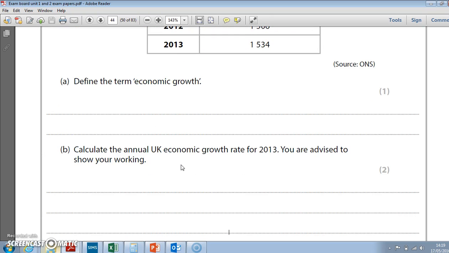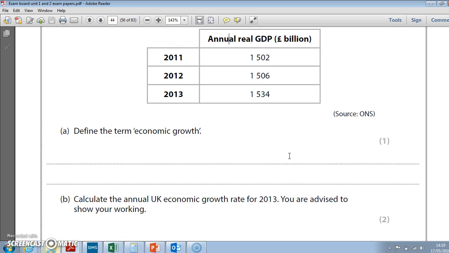Second question is a bit of numerical work here. Calculate the annual UK growth rate for 2013. So how much has it grown by in 2013? We compare last year's to 2013's. They're basically asking you, how much has it gone up by? If we're going to calculate growth, we should do it as a percentage.